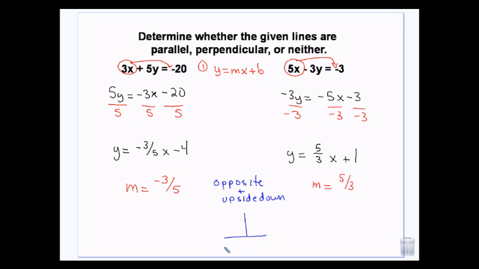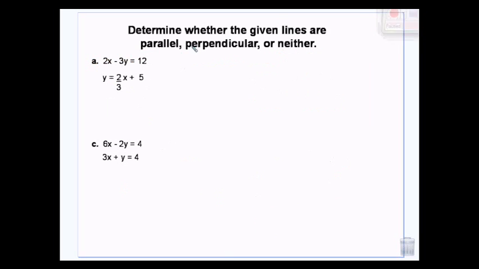Okay. Look at this. This one's already in y equals mx plus b, so we don't have to do anything with the second equation. But the first equation we need to put into y equals mx plus b. So I'm going to take that 2x minus 3y equals 12.